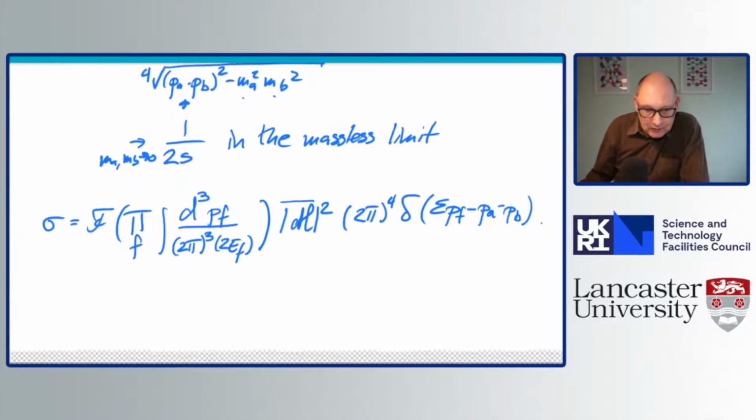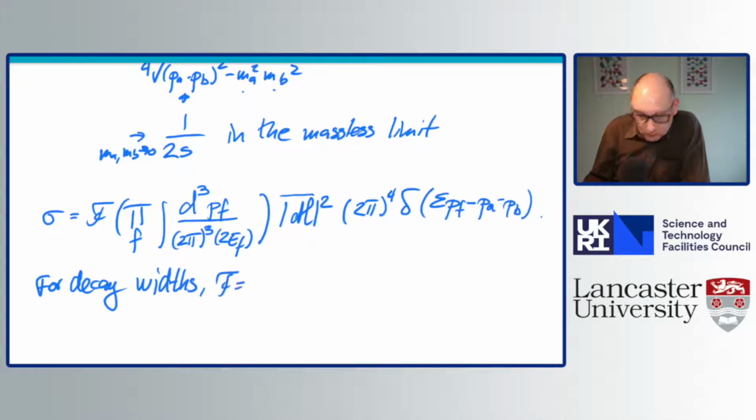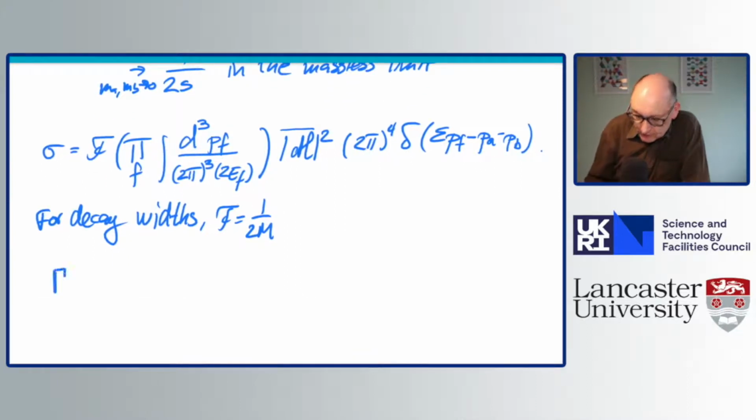Now, that's how to get cross-sections. Sometimes the matrix elements are also used in order to calculate decay widths. Now, for decay width, the flux factor is equal to 1 over twice the mass of the decaying particle, and therefore the decay width is 1 over 2m.